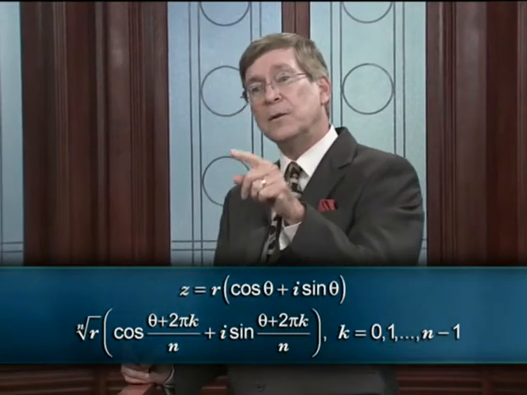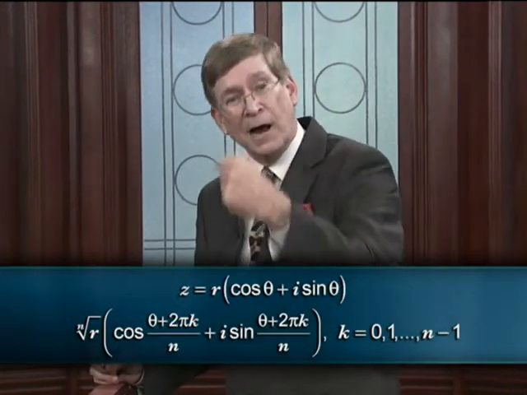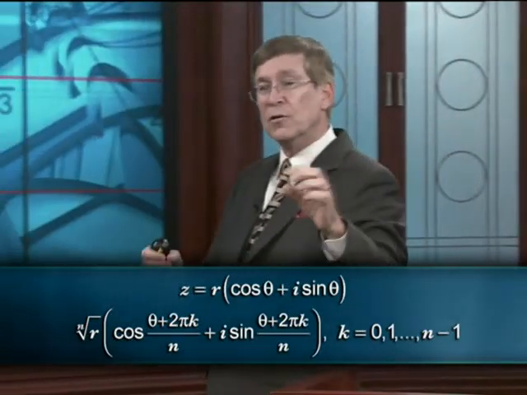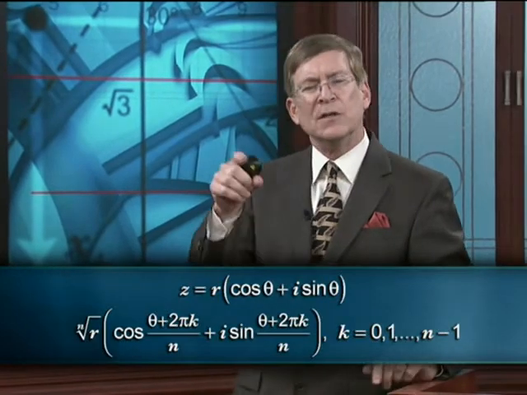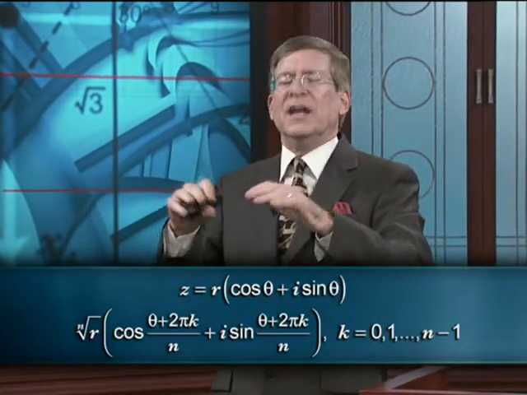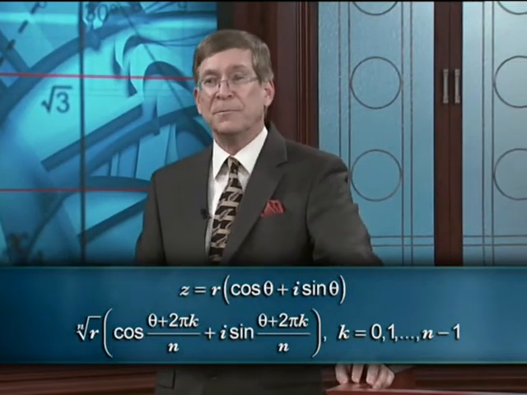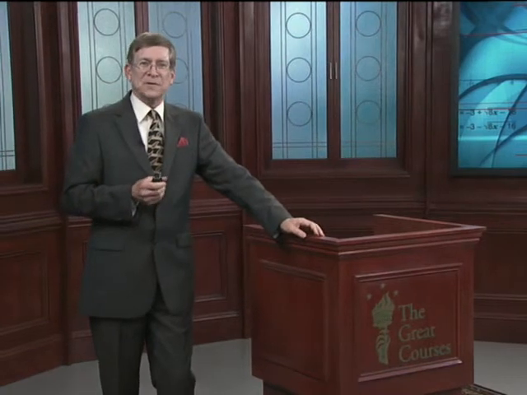Then you get theta plus 2 pi over n, theta plus 4 pi over n, etc. So as k varies from 0 out to n minus 1, you get a different angle each time in the formula, and each time you get a different nth root of your original complex number. All right, again, pretty complicated formula. Let's watch it in action.